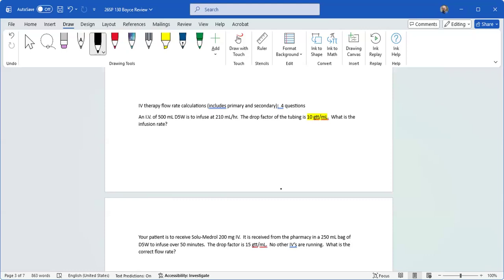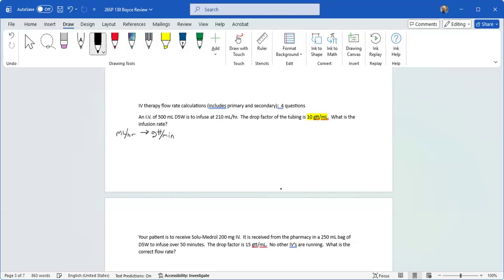Drop rate is just another type of flow rate. Remember, flow rate in general is just volume over time. So what we're doing is converting one flow rate, milliliters per hour, to another flow rate, drops per minute.